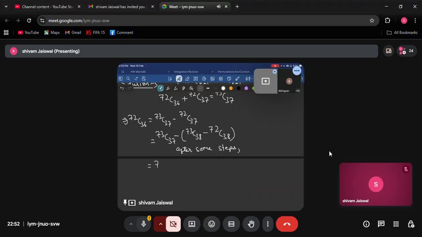We'll get 73C37 minus 73C38 plus 73C39 minus 73C40, up until plus 73C73.